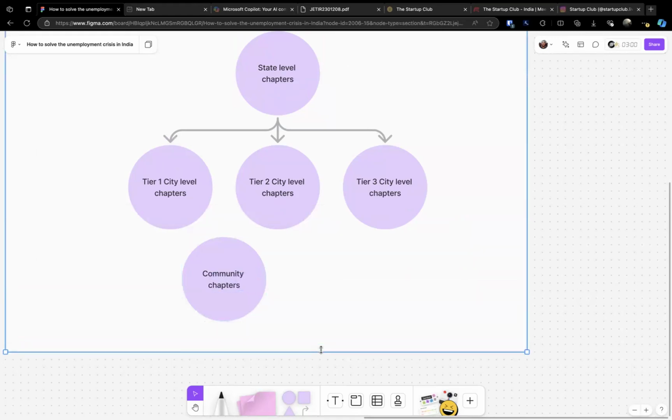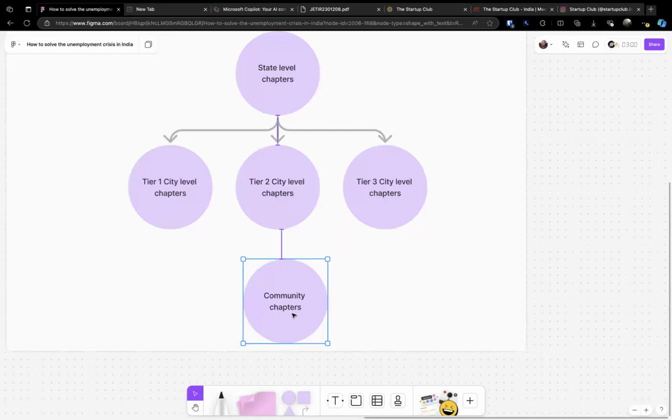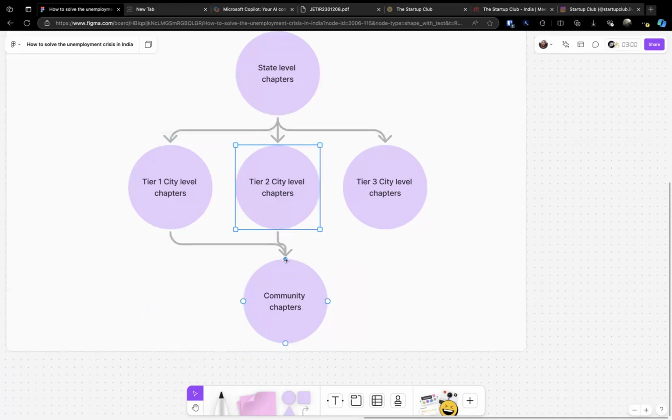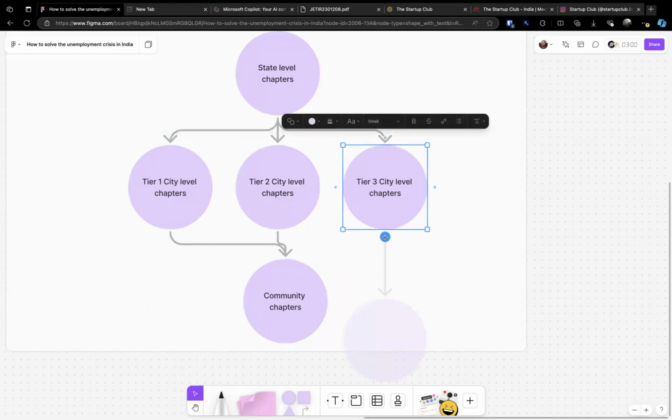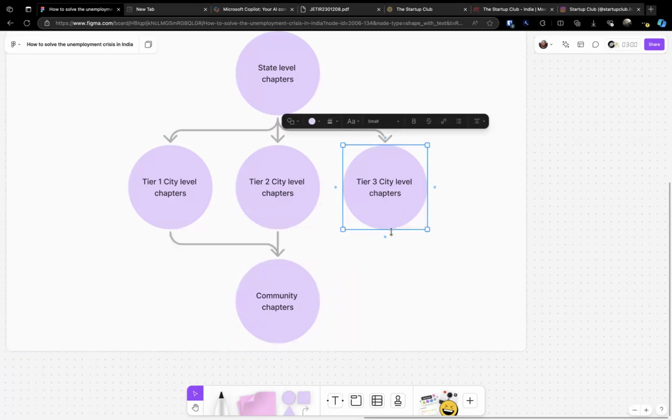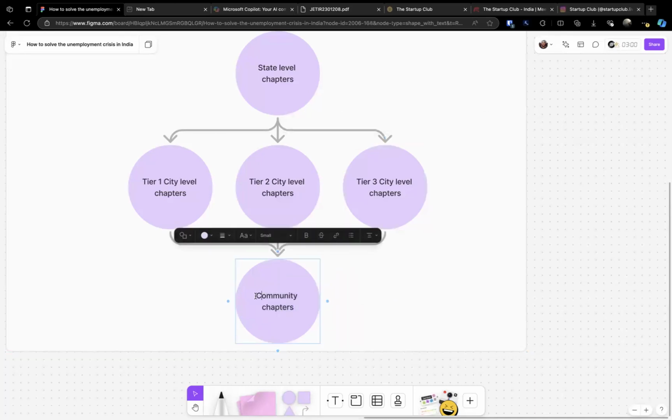So this would be something like, for example, a college campus, or maybe a road track club. These smaller communities can have their own chapters. You can say regional community chapters.